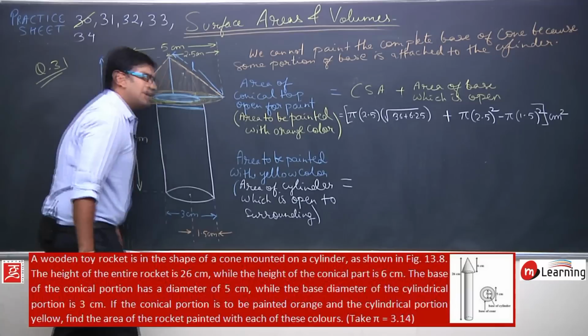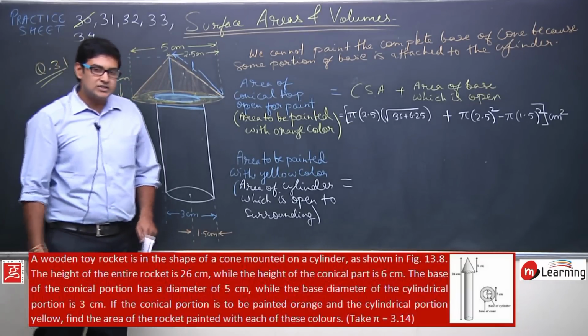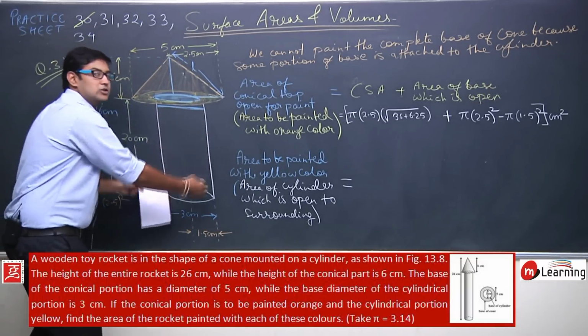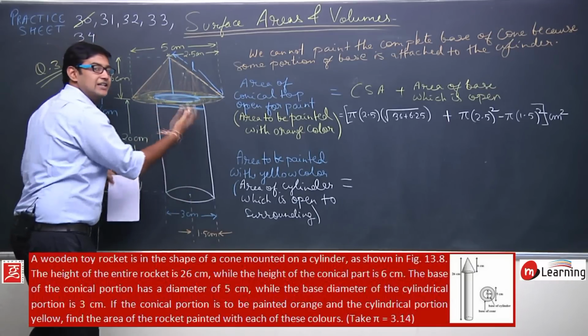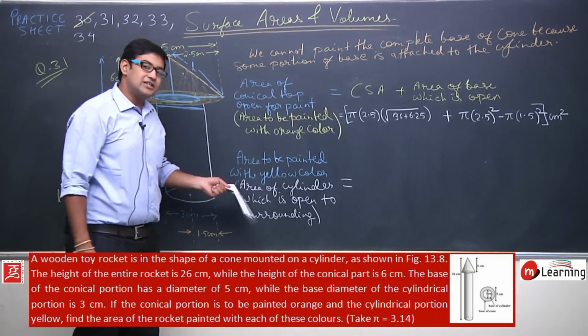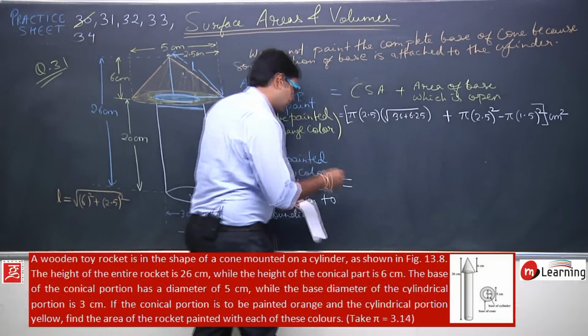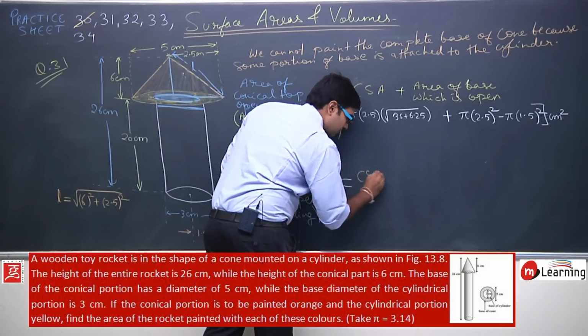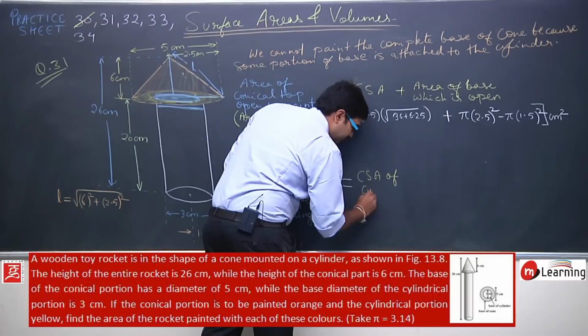Now what should be the area of this cylinder which is open to surrounding? I can see that the walls of this cylinder, that is the lateral surface area of this cylinder, is open to surrounding. So definitely this area will include curved surface area of cylinder.